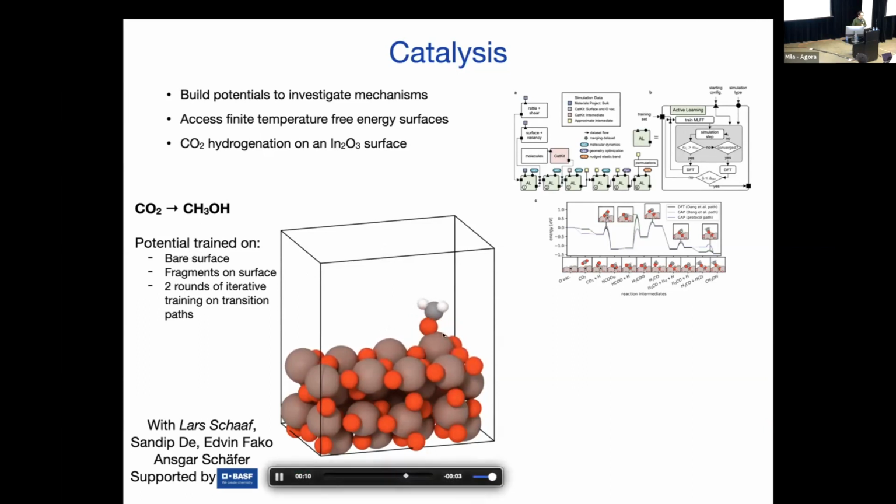And we chose this particular reaction because it was extensively studied with density functional theory. So we knew what we are supposed to get, and we were able to reproduce the reaction path that the paper that studied this with quantum mechanics produced, except that we had a much faster potential.